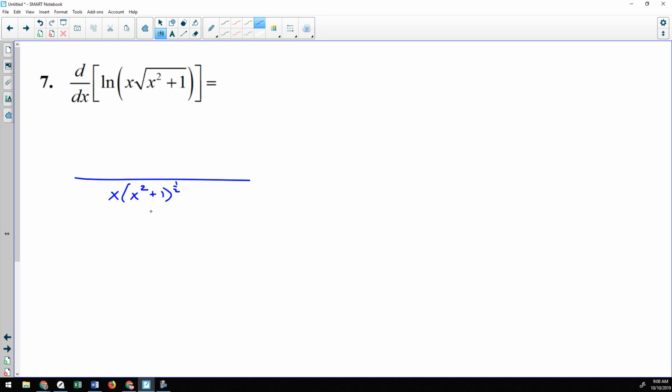Then I need to do the derivative of this function and put it in the numerator. And so if you need to, go off on scratch paper and think, if I do the derivative of x times x squared plus 1 to the 1/2, what I have here is a product rule. I have x times all this stuff, and in this product rule I actually have a chain because I have ugly stuff to the 1/2.